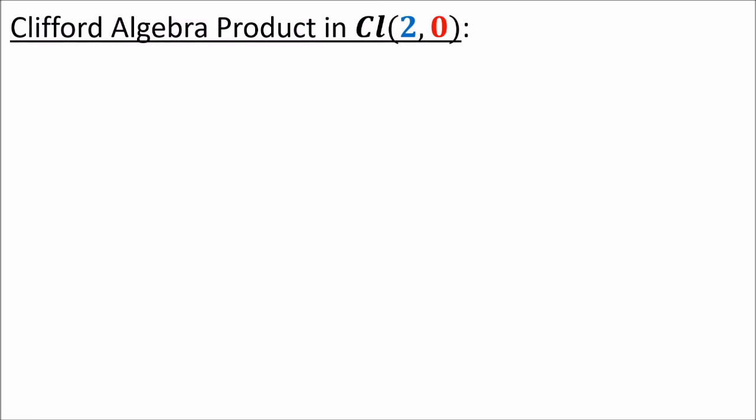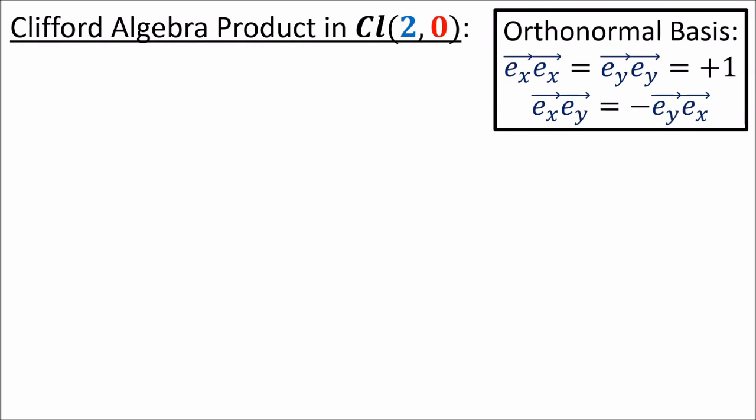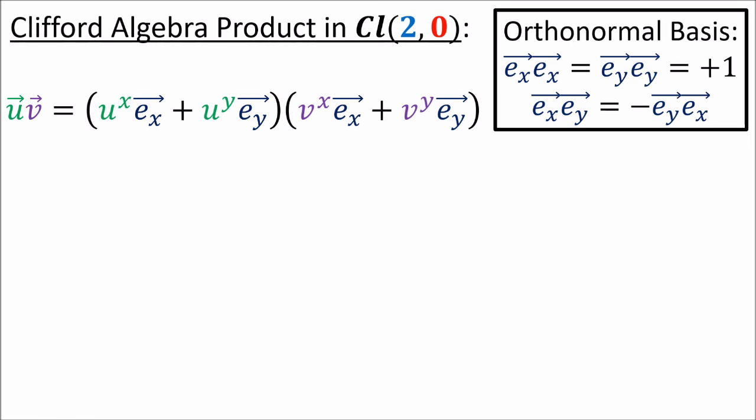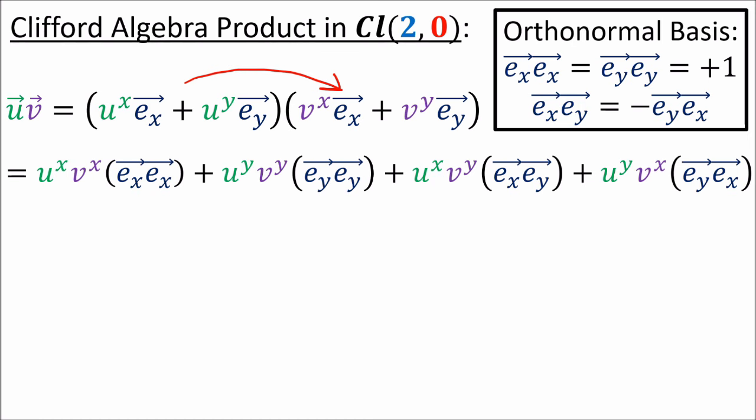Let's look at the Clifford product of two vectors in CL(2,0), where the e_x and e_y basis vectors both square to +1. We can write vectors u and v in terms of this basis. We can then write the Clifford product, u times v, using distributive properties. First, outer, inner, last, and get 4 terms.